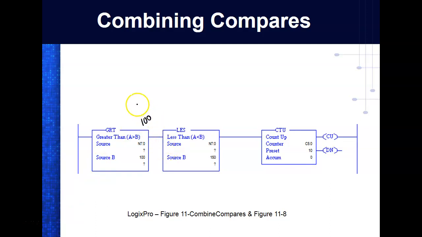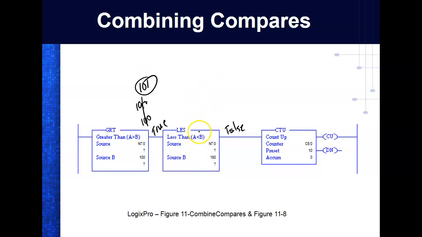Okay, so let's say I had 192. Well, this right here would be true. But this says it's got to be less than or equal to what? 150. So this right here would be what? False. So the rung would be false. 101, right? Now this says what?